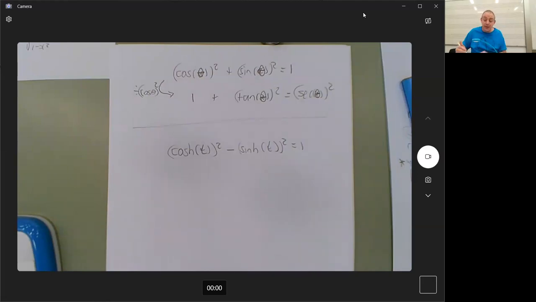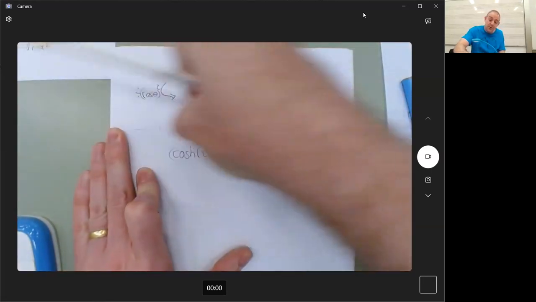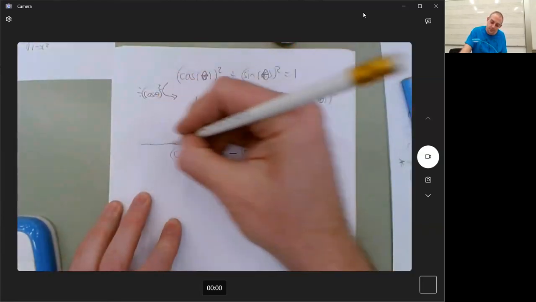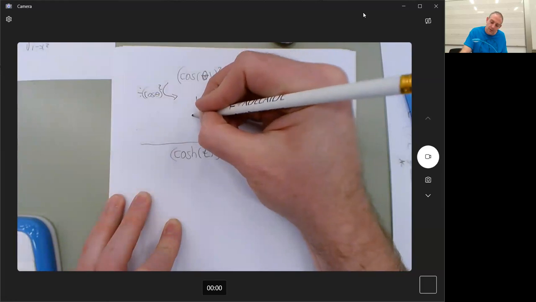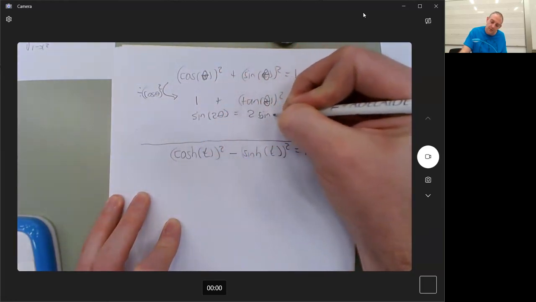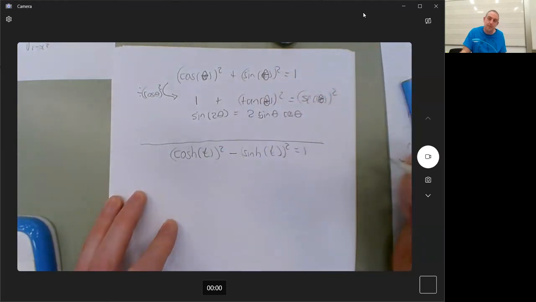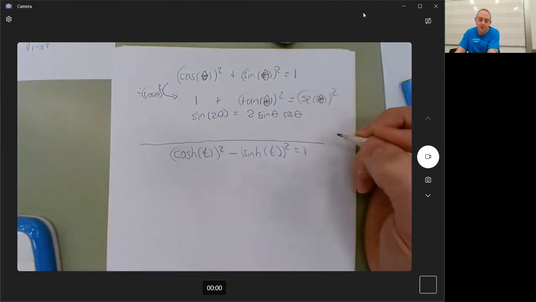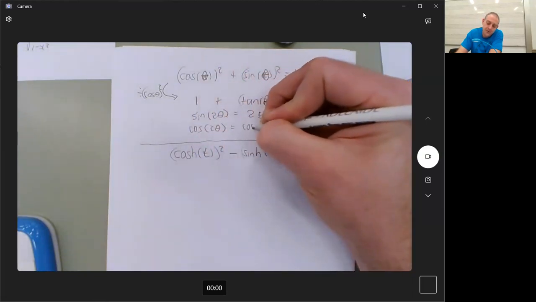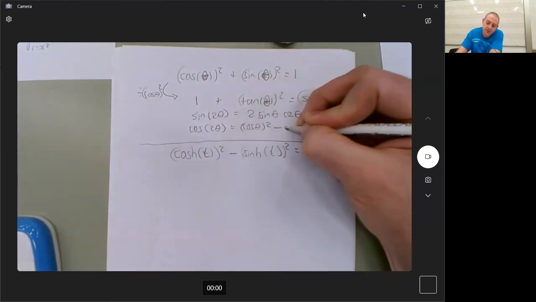I just want to add one thing here. The other trig identities that it is worth remembering or having written down somewhere if you can't remember them is that sine of 2 theta is 2 sine theta cos theta. And cos of 2 theta is cos squared minus sine squared.